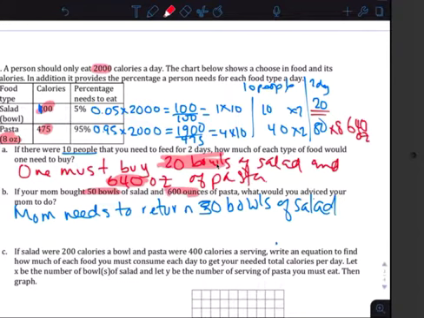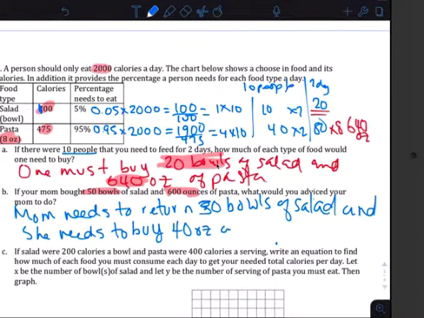She only has 600 ounces, and she's short by 40 ounces, and she needs to buy 40 ounces of pasta. What would you advise your mom to do? That's what mom needs to return.